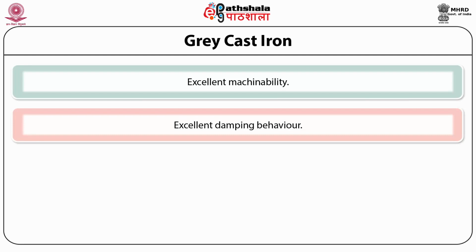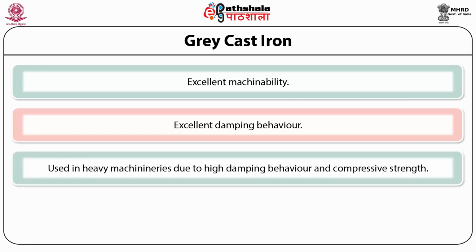The applications of grey cast iron are: number 1, due to these properties, grey cast iron finds manifold uses due to high damping behavior and compressive strength. Grey cast irons are used as the base of many heavy machines.